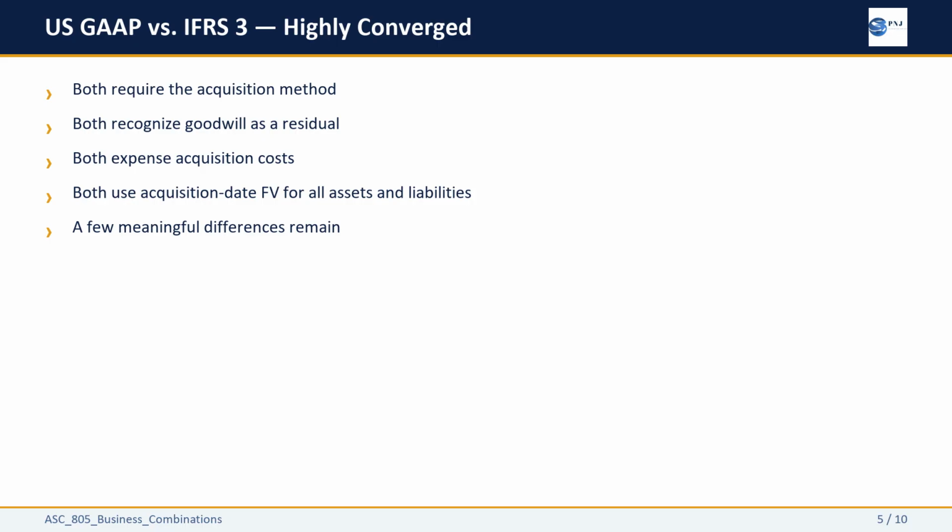Both measure acquired assets and liabilities at acquisition date fair value. This convergence means that a practitioner trained on one standard can navigate the other with relative ease. But a few meaningful differences remain, and getting them wrong creates real errors, especially in cross-border transactions where entities under different reporting standards are combining.